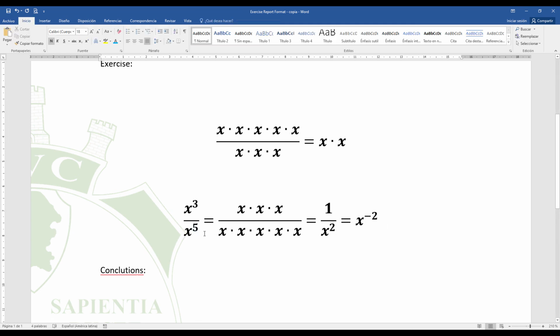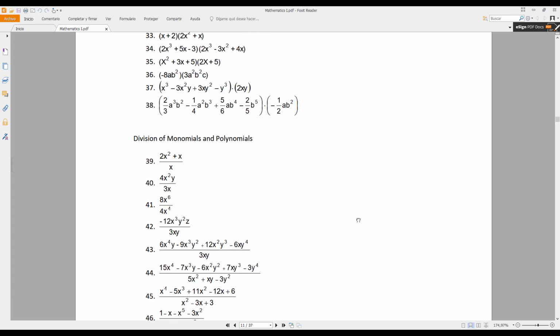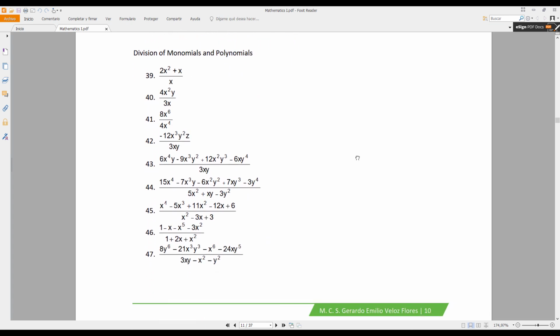Remember, you need to subtract: 3 less 5 is equal to minus 2. This is the reason. Now you can solve the divisions.